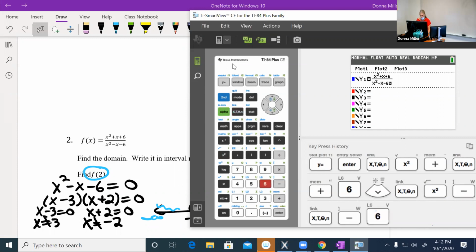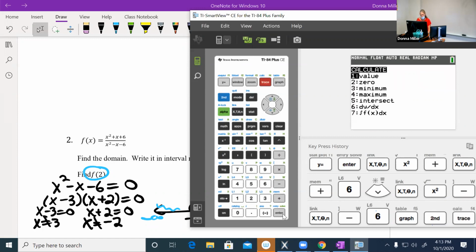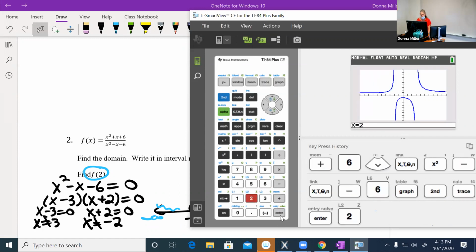All right, so there's the graph. If I want to find f of 2, I'm going to hit second trace, value, and x is 2, so when x is 2, y is negative 3.